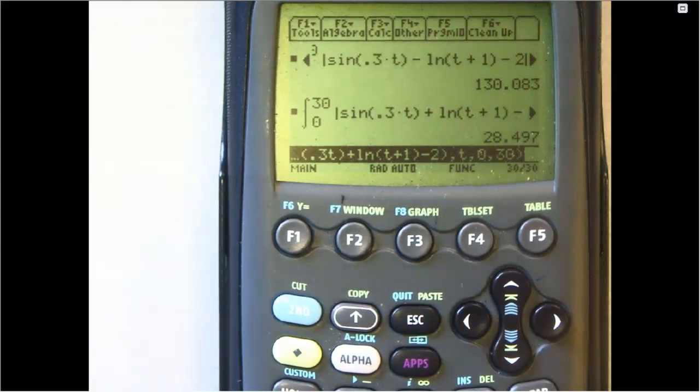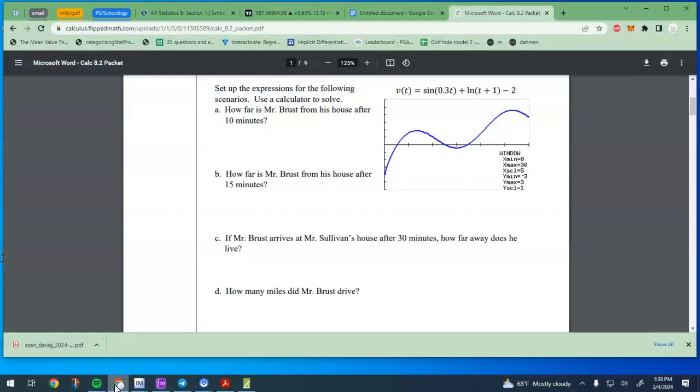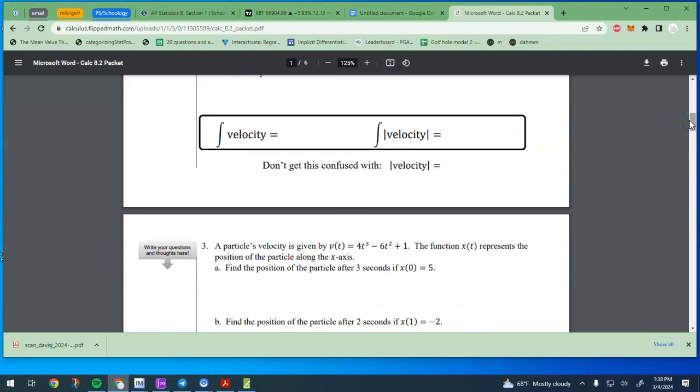Okay. So the numbers are not really my main concern. It's like, do you understand? If we integrate velocity, we get displacement.